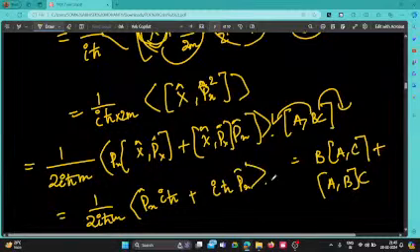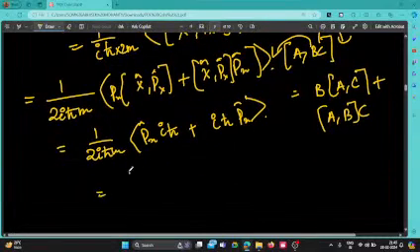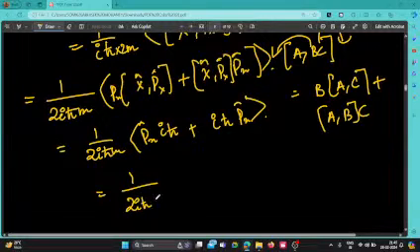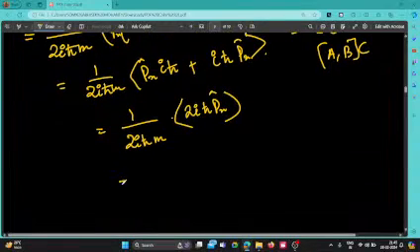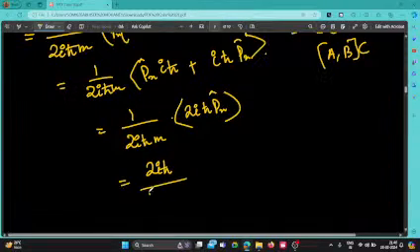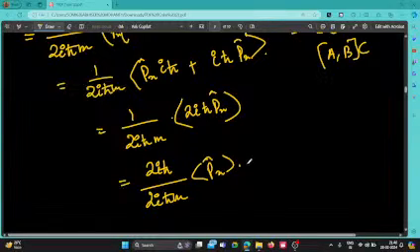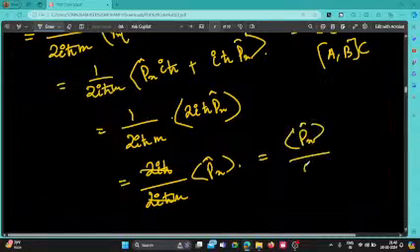This is the same thing, so I can write it as 2iħ px. So 1 by 2iħm into 2iħ px. The 2iħ cancels out, so I can write it as average value of px divided by m, right?